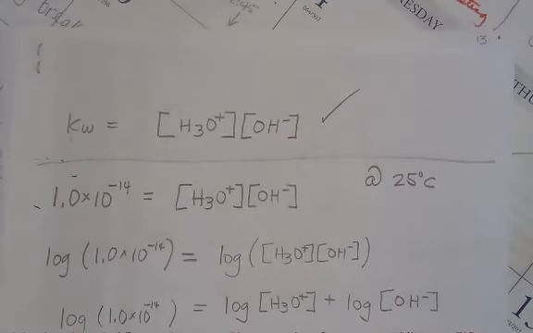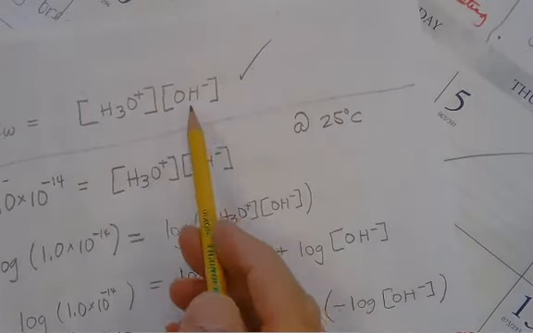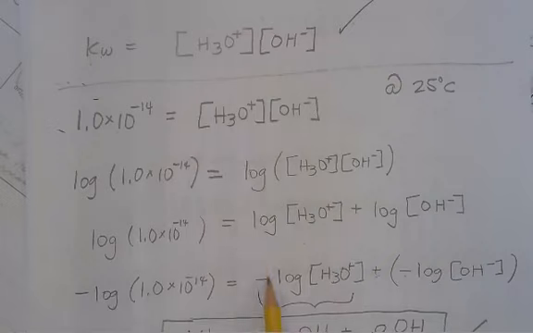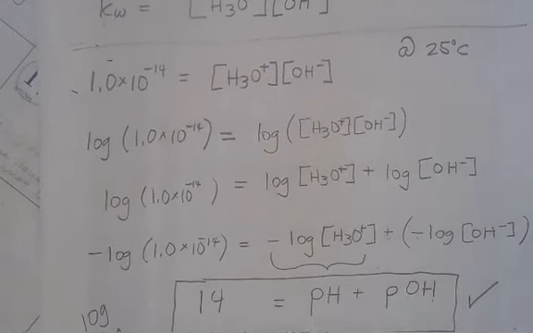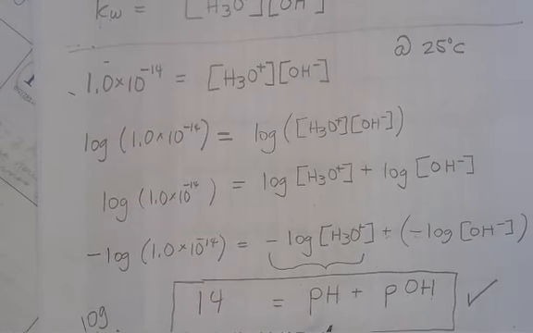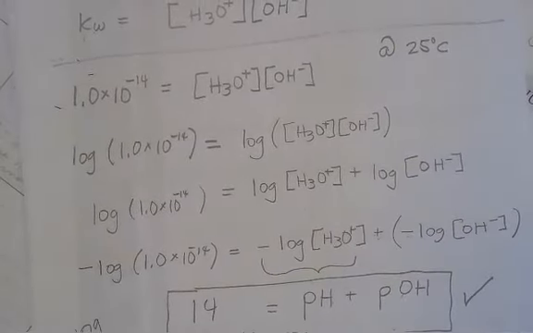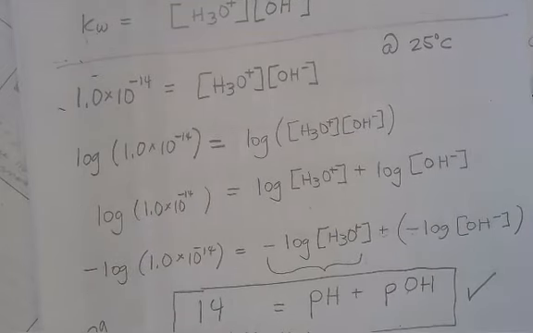So this page right here, you don't have to memorize it. You just have to know this fact and this fact. You don't have to memorize the derivation, how you get from one to another. This is just convenience for us, because otherwise we'd be saying 10 to the minus this, 10 to the minus that all day long. And it makes it much easier to just refer to a solution and say its pH is 3 than tell everybody the hydrogen ion concentration is 10 to the minus 3.